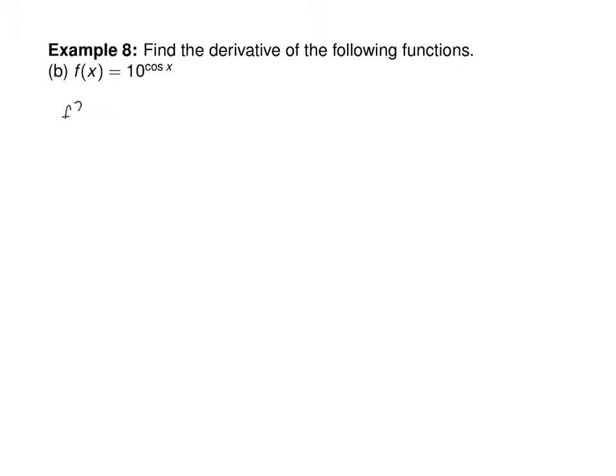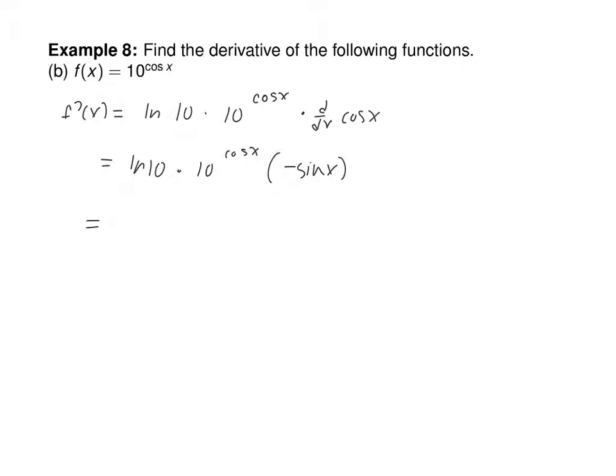So f prime will be ln of what number? ln of 10 times 10 to the stuff times the derivative of the stuff. So what is the derivative of the cosine of x? Negative sine. It's best to write the negative in front to make sure it's out there. So negative ln 10 sine x, 10 to the cosine of x.